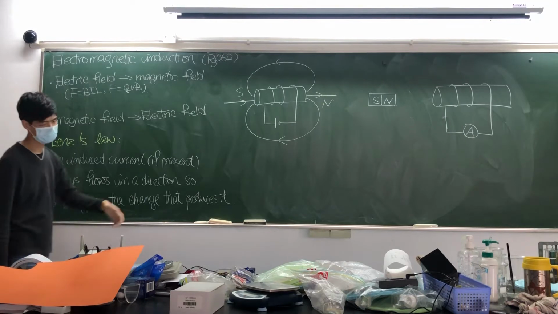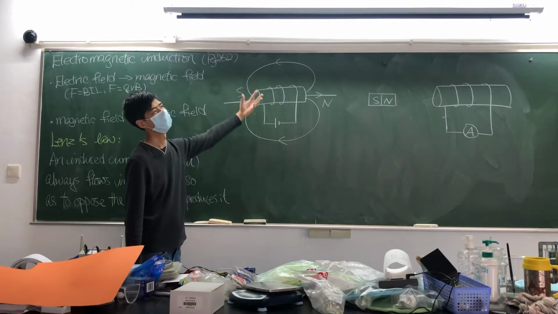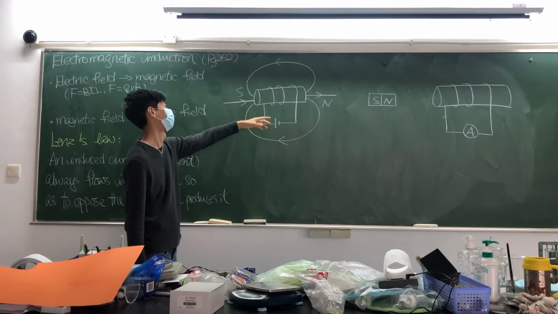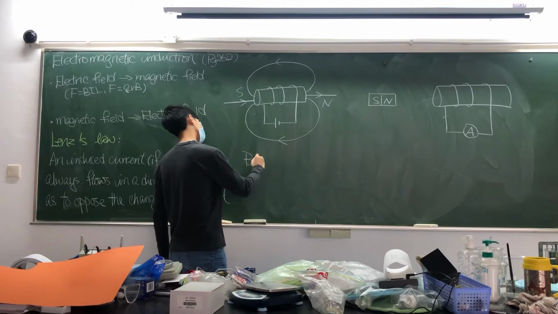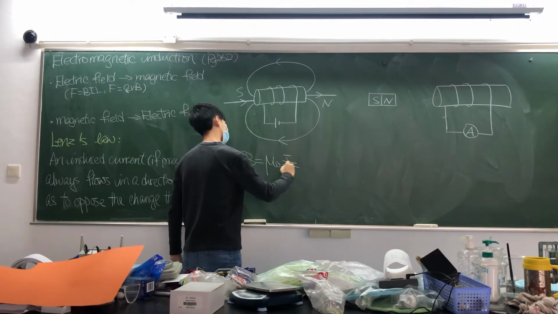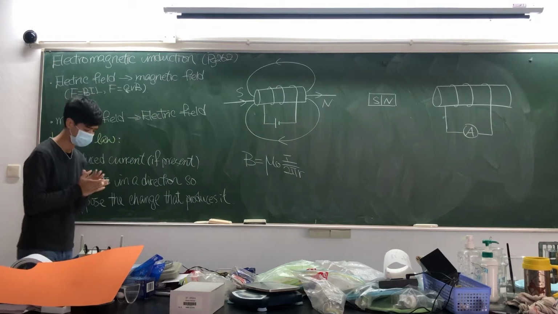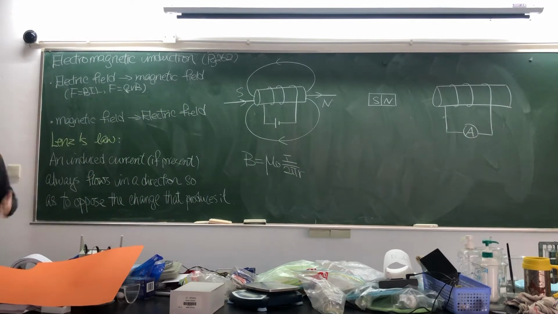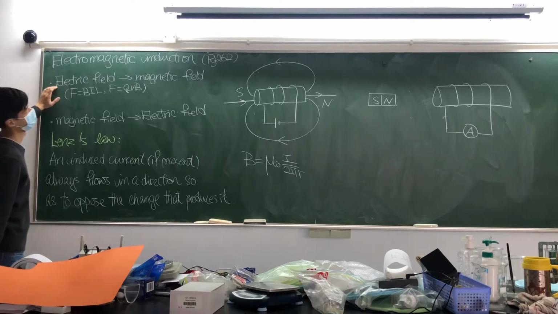If you have a solenoid and a battery providing the current, then there is a magnetic field around it, where the equation is B equals mu 0 I over 2 pi r.